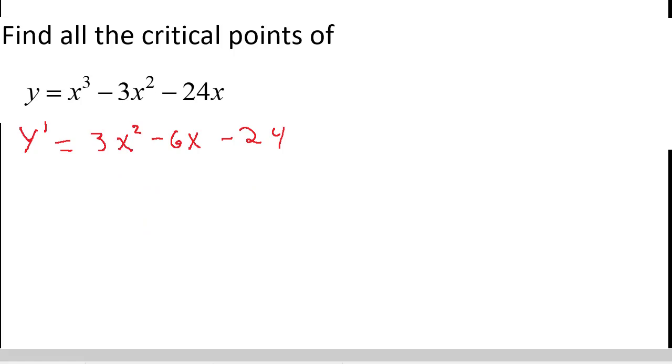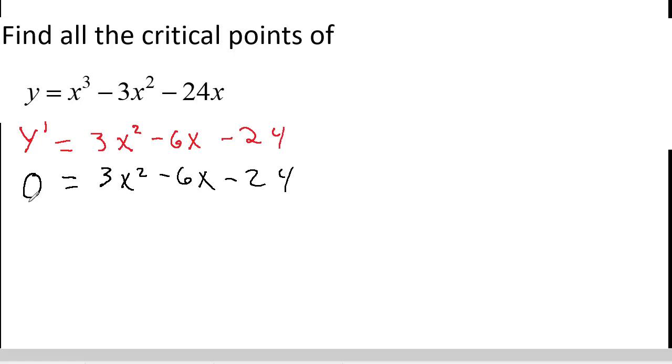Another strategy that we could use is, rather than factoring and finding the critical points by inspection, since we're looking for the zeros, we can just set the derivative equal to 0. And so we get 0 is equal to 3x squared minus 6x minus 24. And then we go about solving that equation.